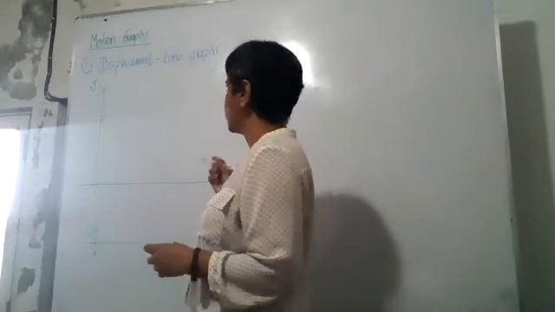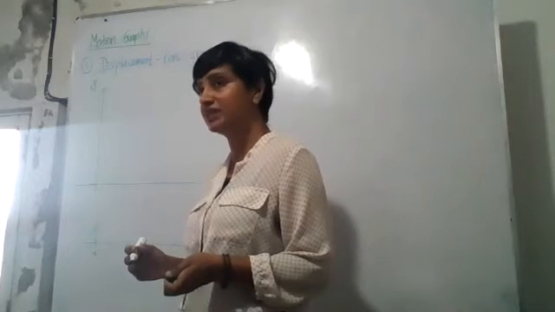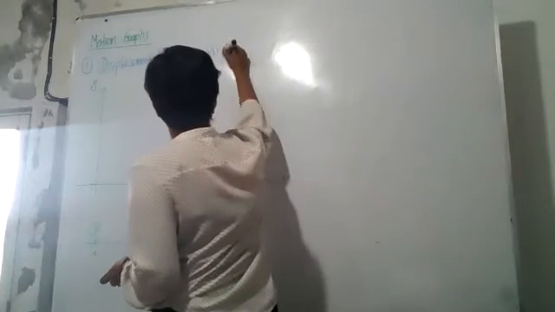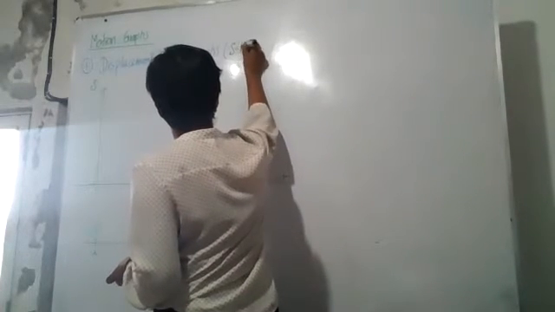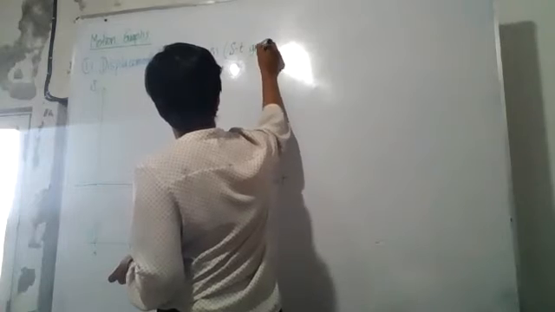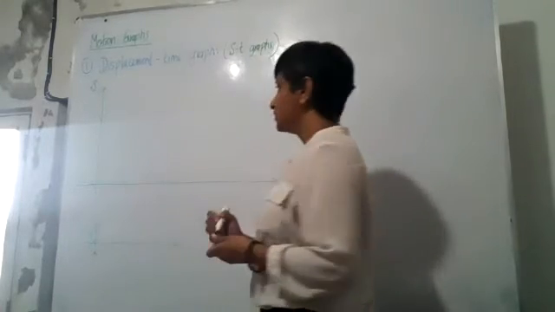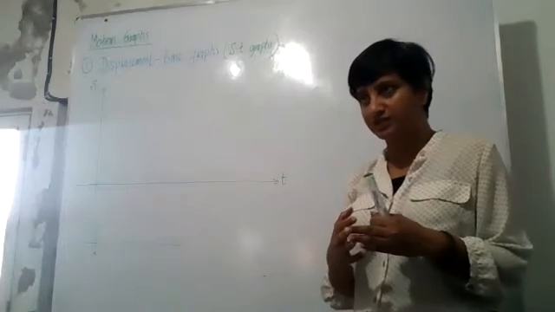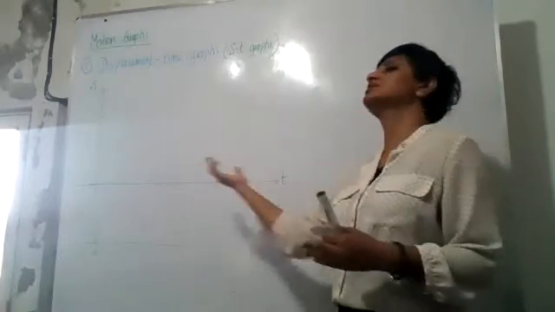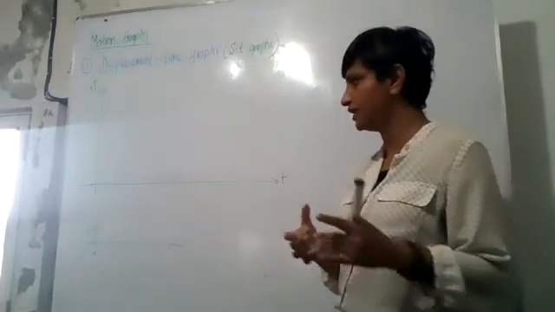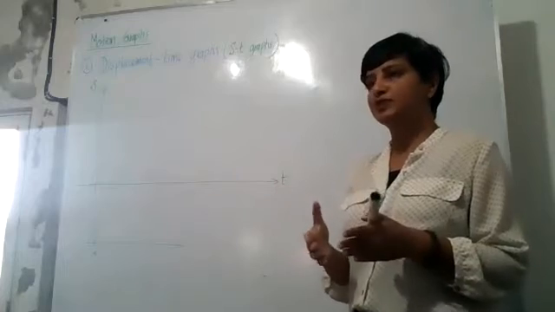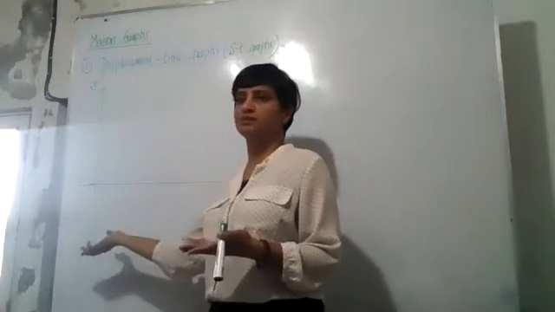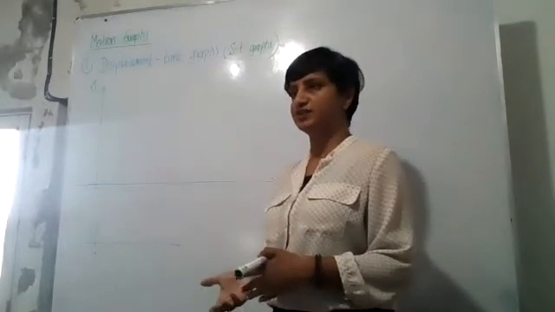You can also say st graphs and vt graphs. When you have an st graph, you are showing how the displacement of that object is changing with time.